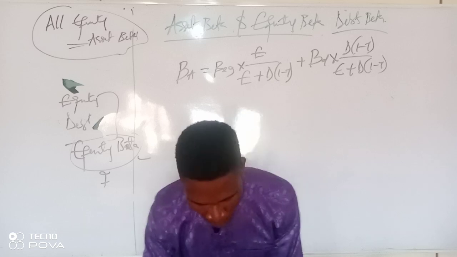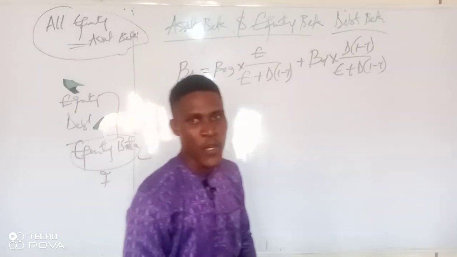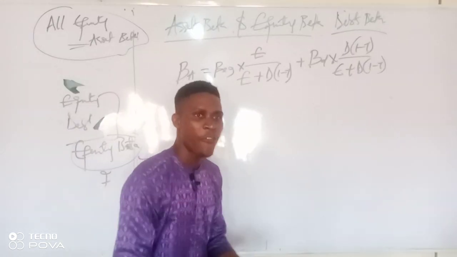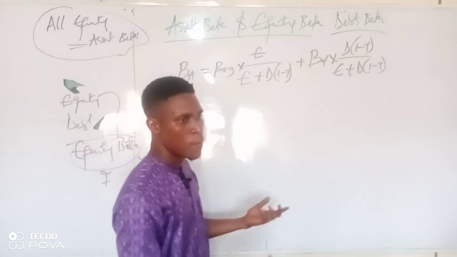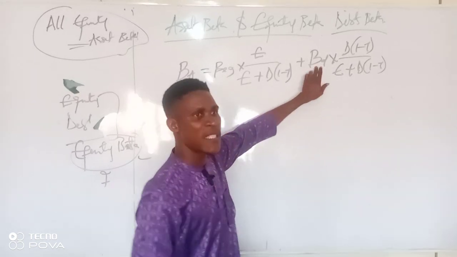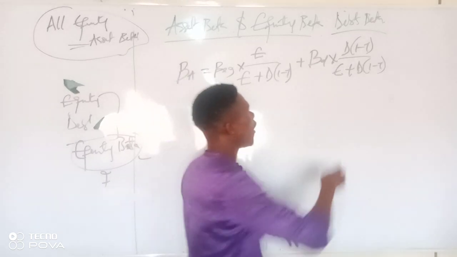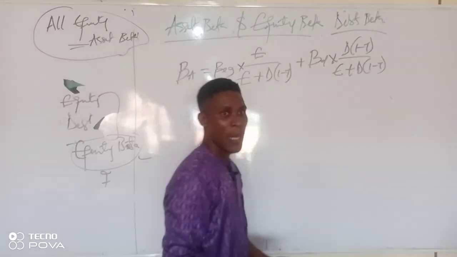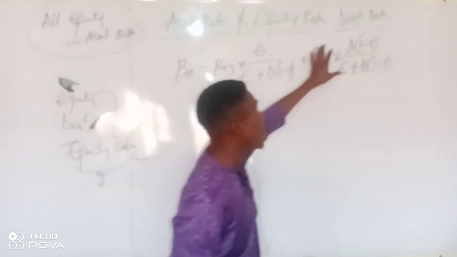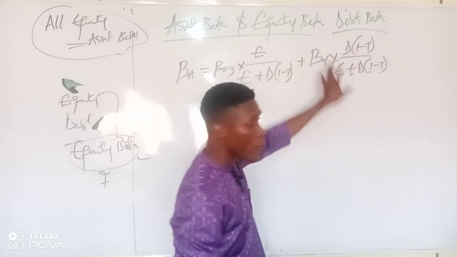Okay, let's take a step further down. There's always a simplified formula. If you assume that the beta of debt is zero, all what we have here should be what? Zero. No matter what you have here, everything becomes zero.